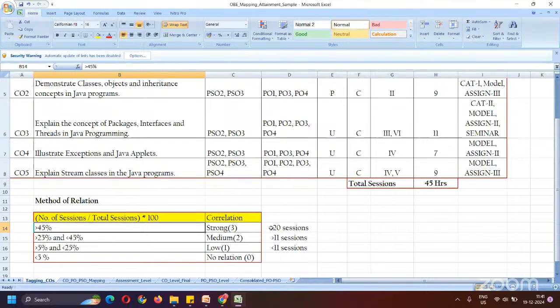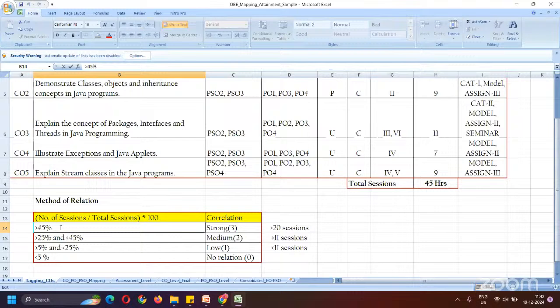It is greater than 50%, or if you are going to map the COs with the PSOs, I can go for strong only if 60% of my sessions are contributing to that. So the method of relation is purely defined at the department level for the course outcome mapping.